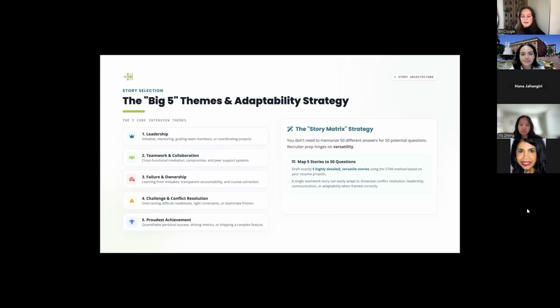And something else to highlight here, this is helpful because you also won't revert back to the same example over and over and over again, which is another common pitfall that happens in behavioral interviews, where I've gotten to debriefs where there's five, six rounds of interviews for someone at a senior level, and they've only answered with the same example across all of the interviews.